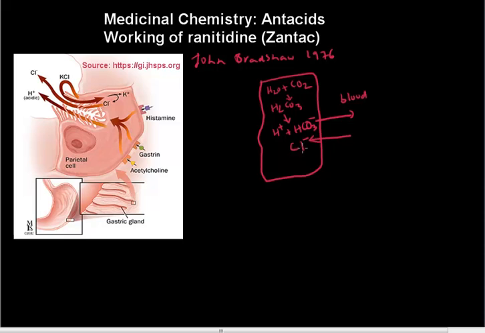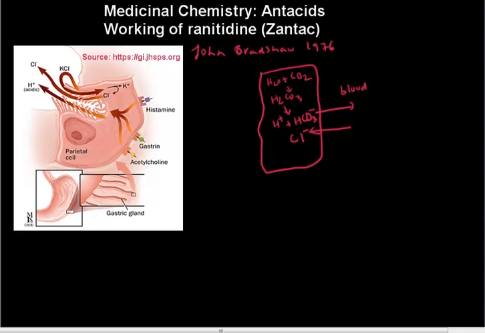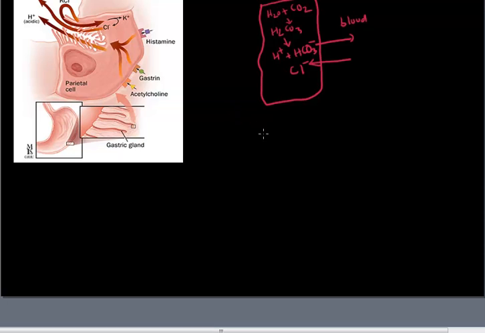And once the chloride ion enters the parietal cell, something else happens. So then let me draw another parietal cell. Let's say this is the same parietal cell in the next stage. Inside this parietal cell, once the bicarbonate leaves the cell, we have H plus and Cl minus, because the bicarbonate left the parietal cell.